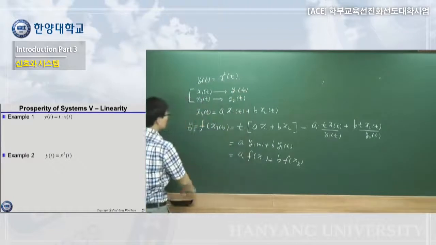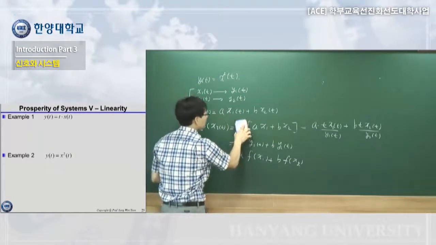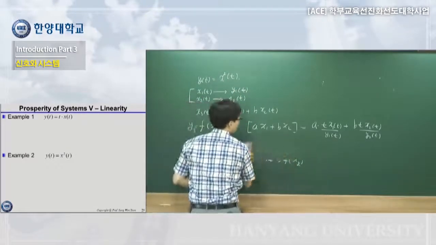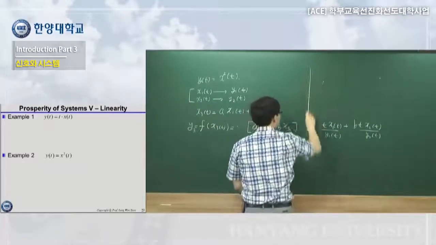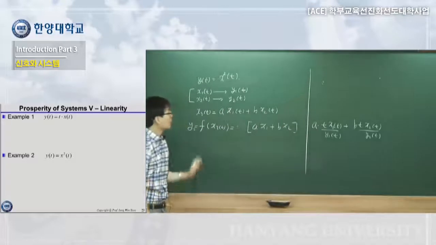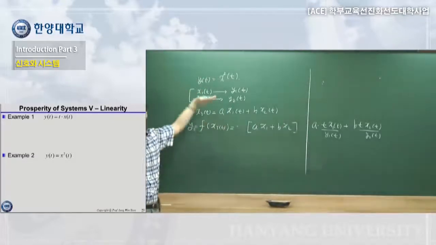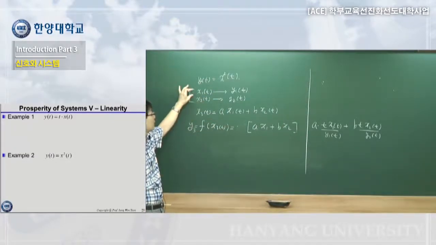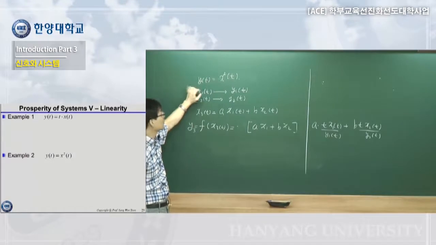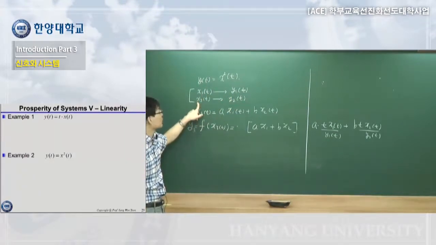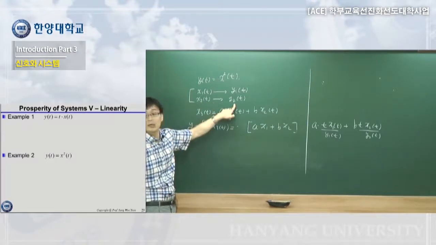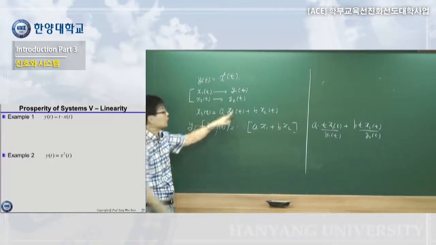Until here, the process was the same. We have assumed that the output of x1(t) is y1(t) and the output of x2(t) is y2(t).